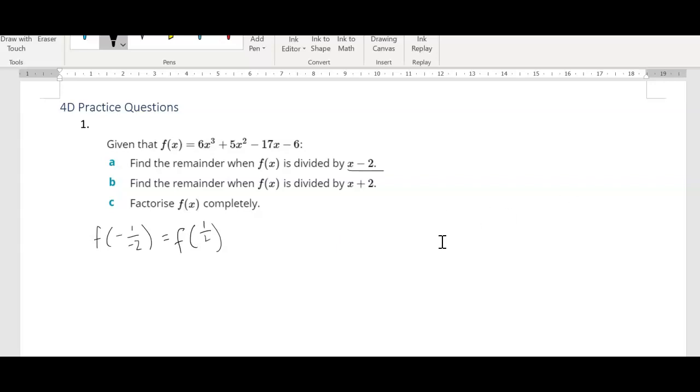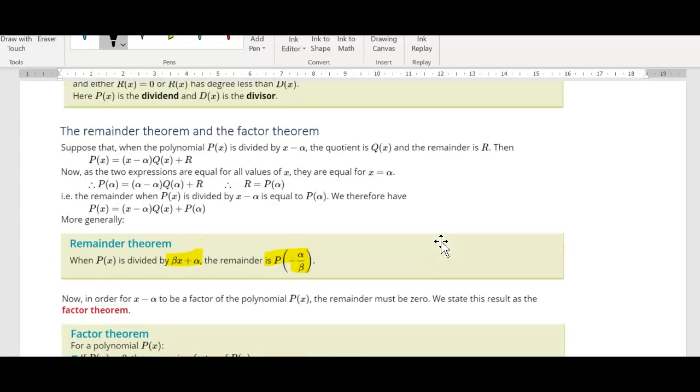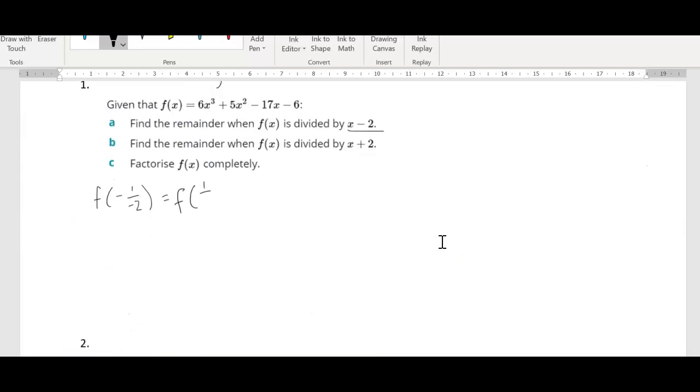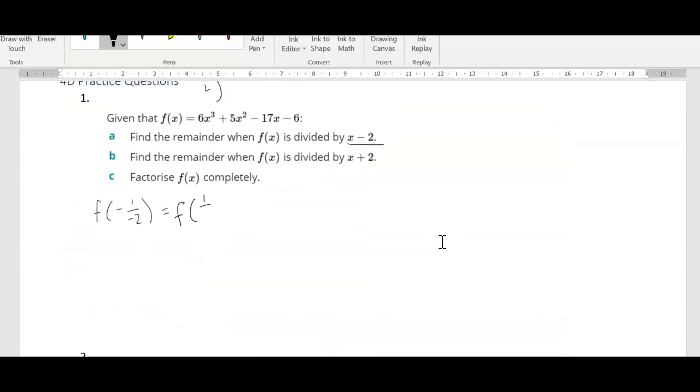I just want to make sure I've got my alpha and my beta around the right way. Oops, no, I didn't have them around the right way. Beta came first. I knew it had to be 2. I don't know why I don't think about the answer a bit more. So it's negative 2 on 1, which is just 2.